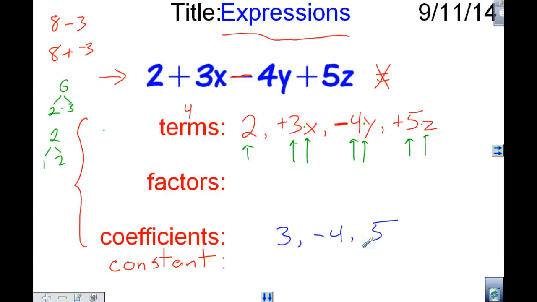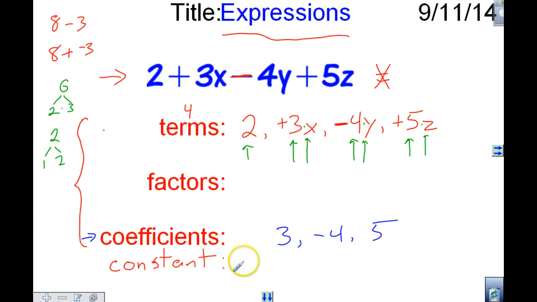Use the context of what's not there to help you out. Yep. Numbers in front of a variable, yeah. So in your notes, you might want to write that down, like coefficient, number in front of a variable, or something like that.